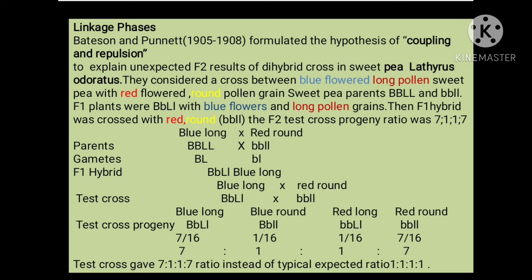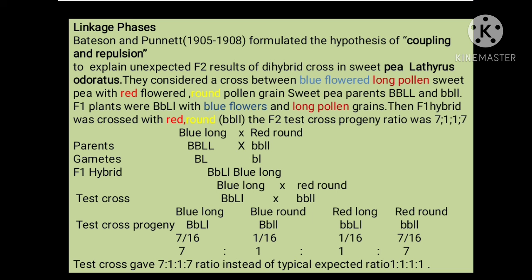When a test cross of that F1 is made with the red round, that means the recessive parent, the progenies obtained are blue long, blue round, red long, and red round.